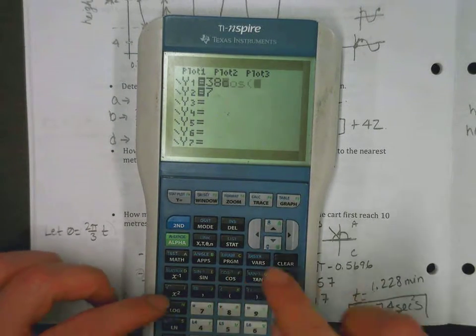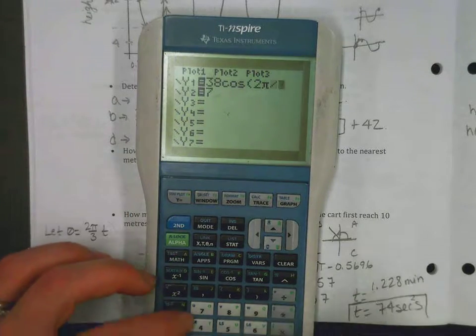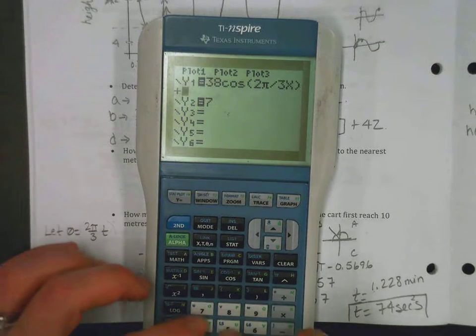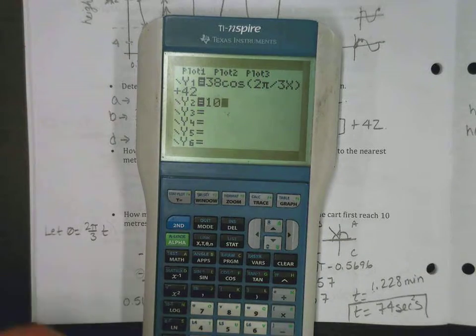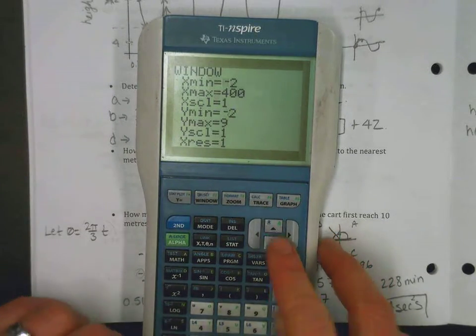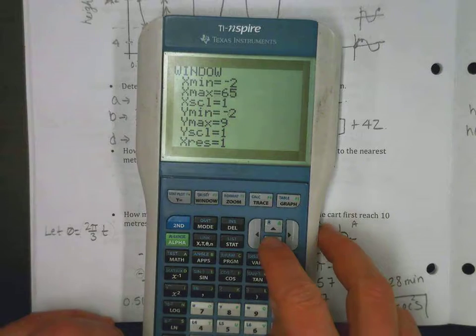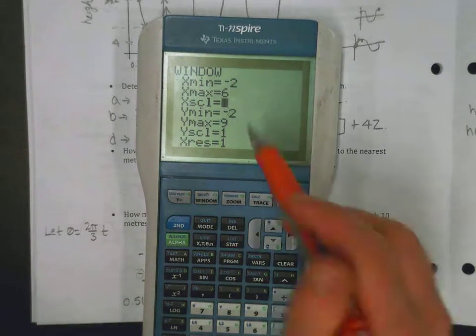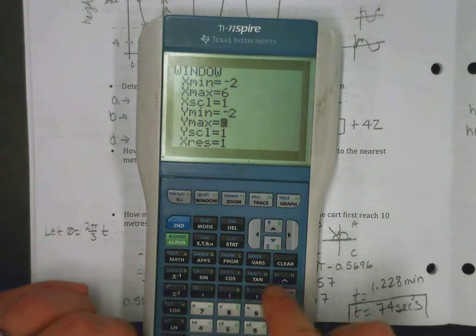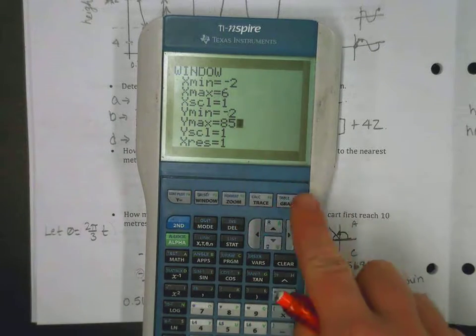I'm just going to change my window quickly, and we'll go up to 85, our maximum height of the Ferris wheel. This is the point we are trying to look at here.